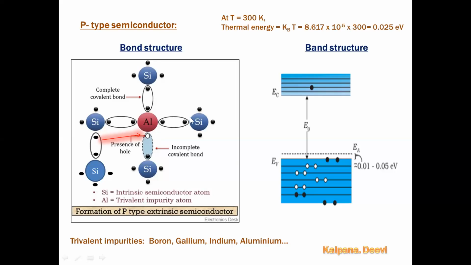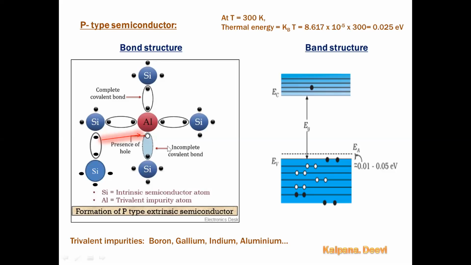Now, if you want to see this in the band structure, then this is the structure. Here, aluminum is the added impurity in the silicon material, and it has an extra hole, so it can accept electrons from neighboring atoms. That is why we call these impurities acceptors.